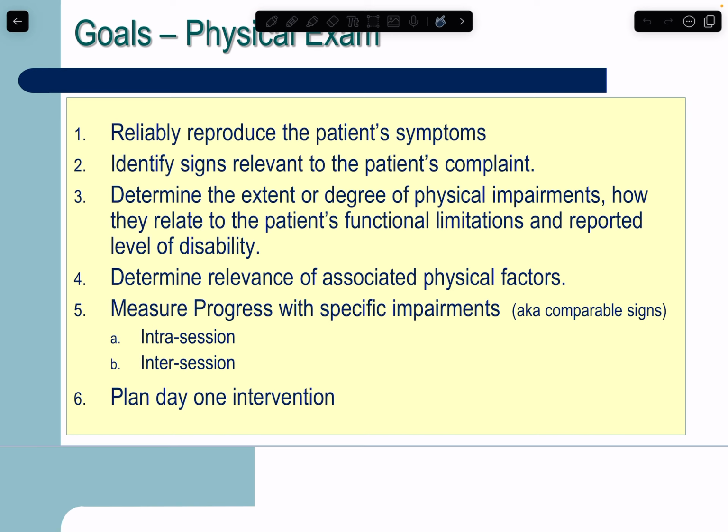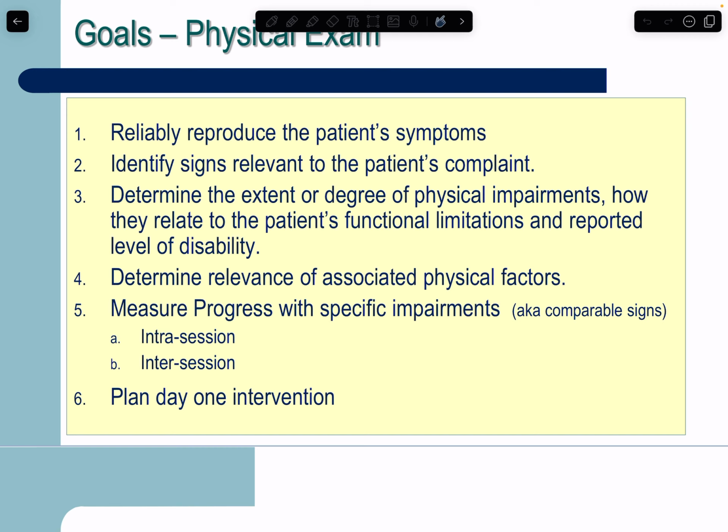And then we need to come up with comparable signs. So a comparable sign is a physical exam measure that you think you want to reassess after treatment. And so generally speaking, we come up with short-term and maybe long-term things that you want to see change. So if I have a restricted shoulder motion, but I have a lot of pain with it, maybe you think if I treat the neck, I'm going to get him to the point where it just gets stiff there, and then getting the rest of his motion is going to be a long-term goal.